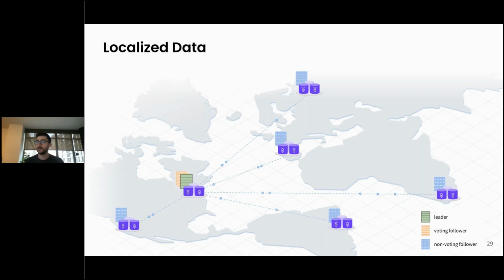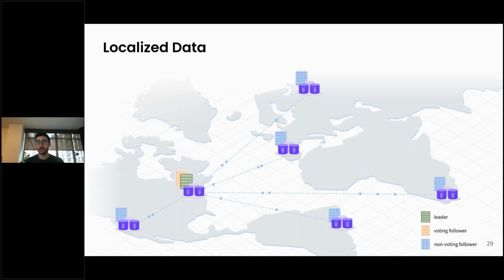We can see in this diagram here that the data is homed in the eastern side of the United States. Maybe this is user data for part of the Americas, and that user data will primarily be accessed by those people in that geographic region. And so it makes sense to optimize the performance for that data.